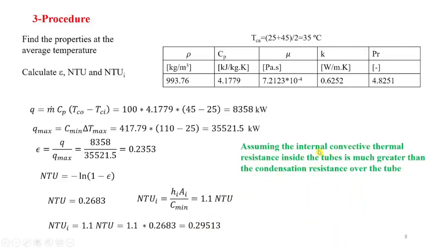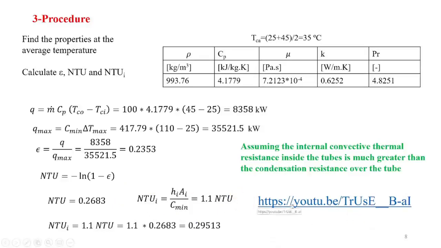As I said before, the internal convective resistance inside the tube is much greater than the condensation resistance over the tube. To understand the basic source of this equation, there is another video for sizing a gas-to-gas heat exchanger.